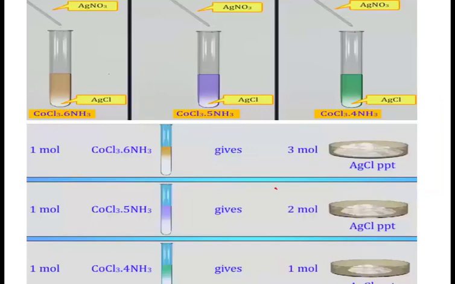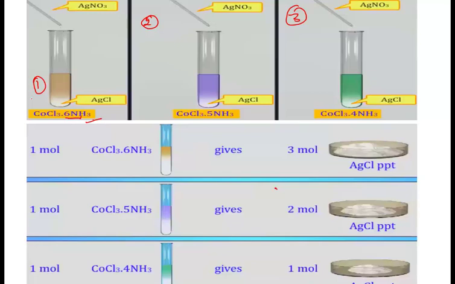Now this is very, very important. In this case, 3 complexes are given. CoCl3.6NH3, this is one. Second one is CoCl3.5NH3, and CoCl3.4NH3 is the third one, right?